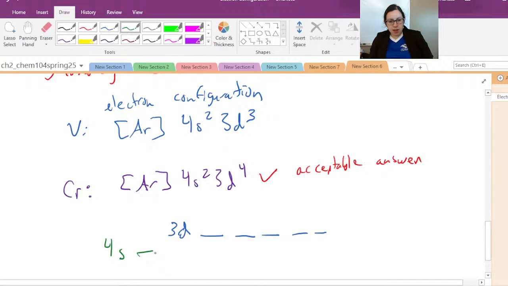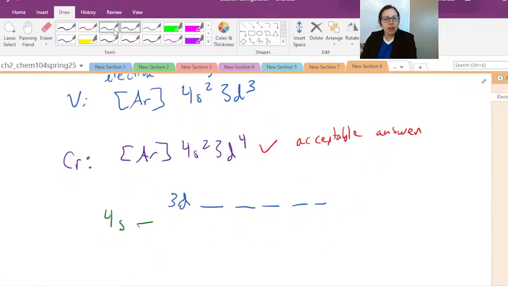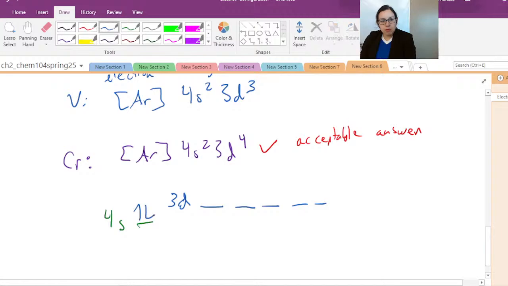So we have our 4s and our 3d. They're pretty close in energy. And now I'm going to do the expected one, if we're just filling it in normally. So we have 1, 2, and then 1, 2, 3, 4. So that represents what we originally thought.